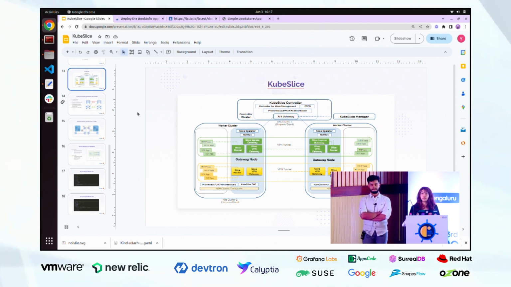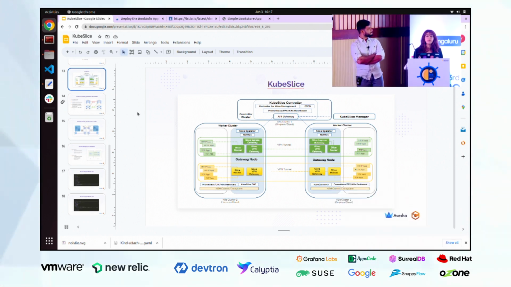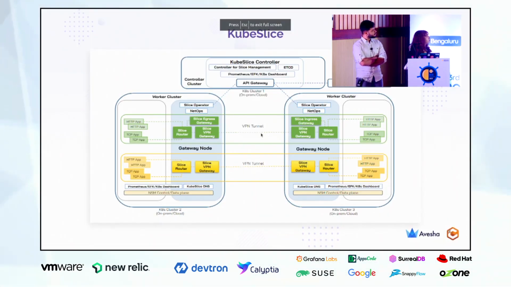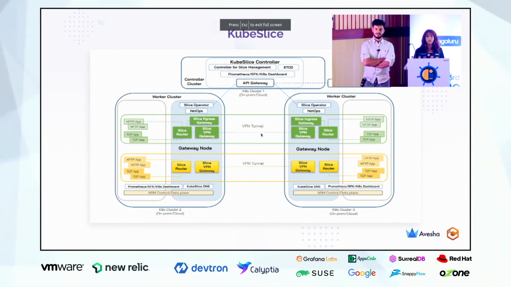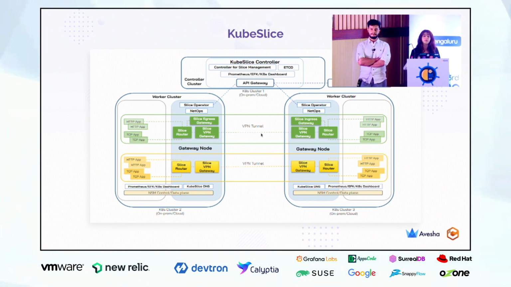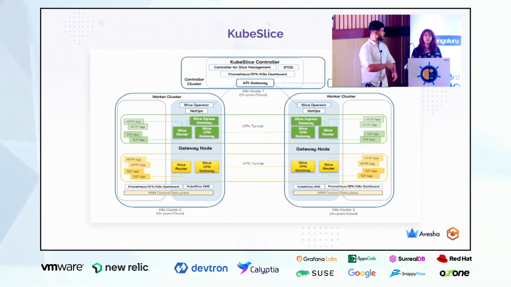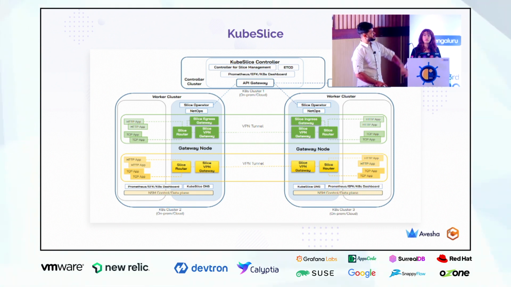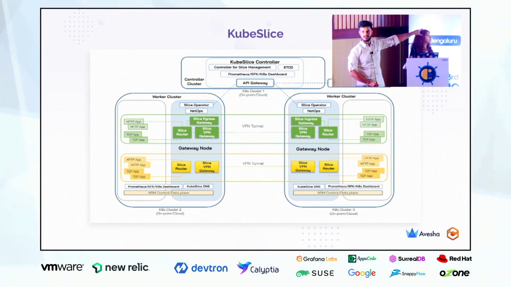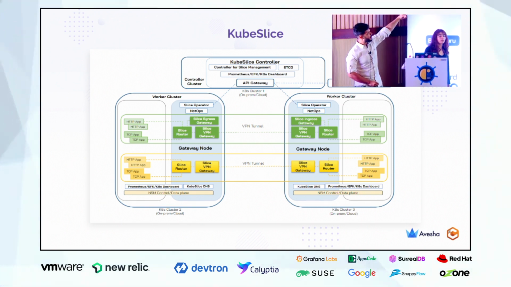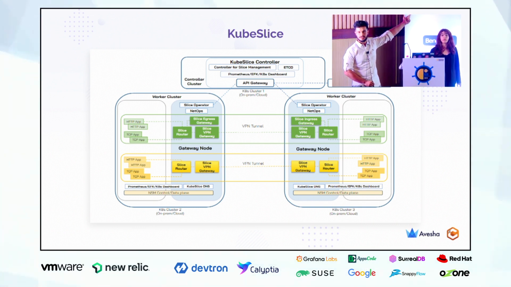Okay. Second question: since etcd and your API gateway scheduler, if I have a control plane from a different cloud, GKE or AKS or AWS EKS, how do you consolidate all these into one? Well, all it does is the slice operator that you see on each worker cluster has to connect to the API server of the controller cluster.